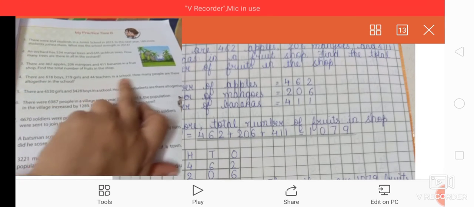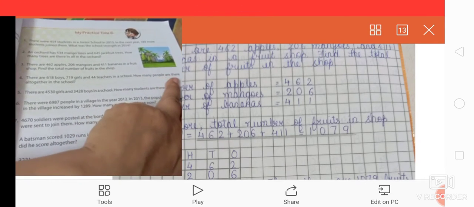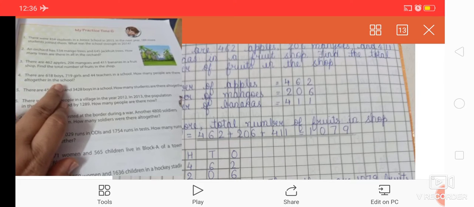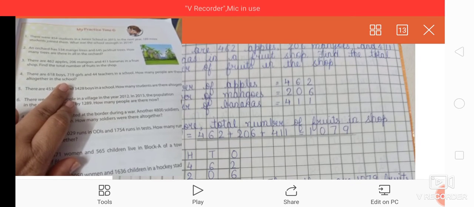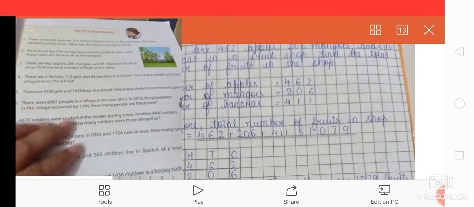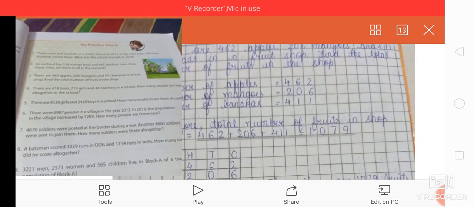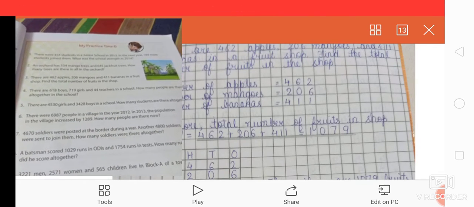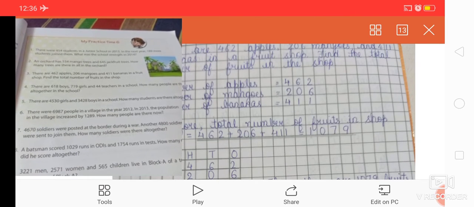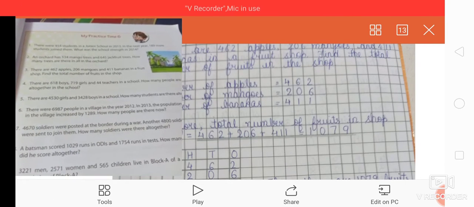What do you have to find? How many people are there all together in the school? You have to find the total number of people in the school. So when there is given sum, total, all together, what will you do? You will add.